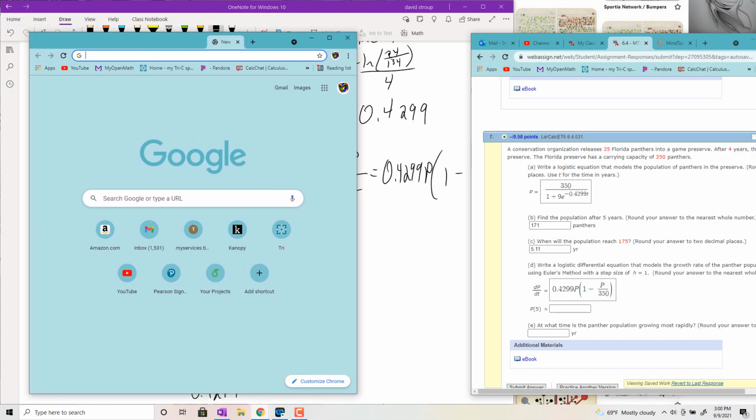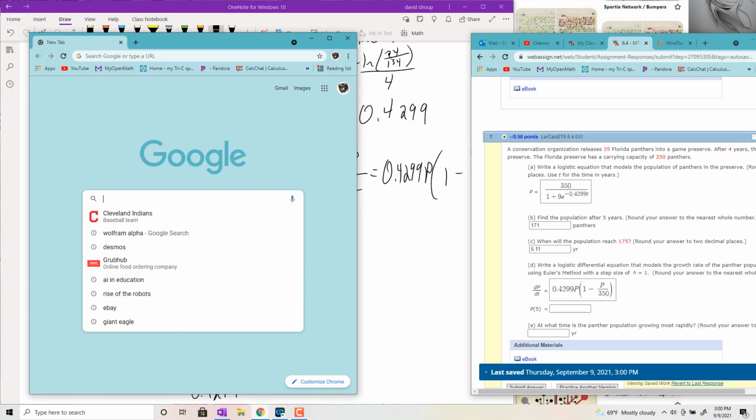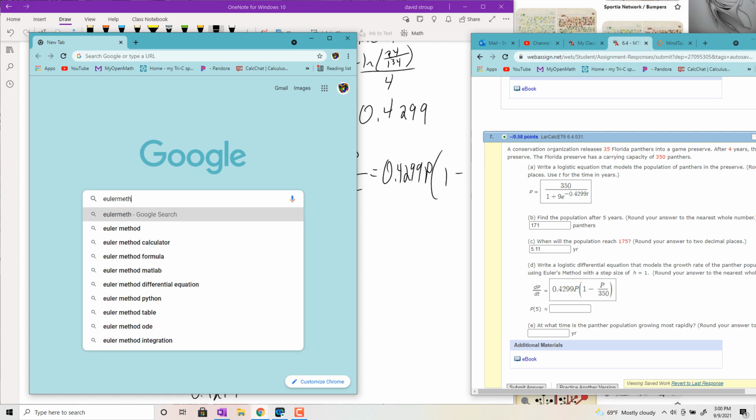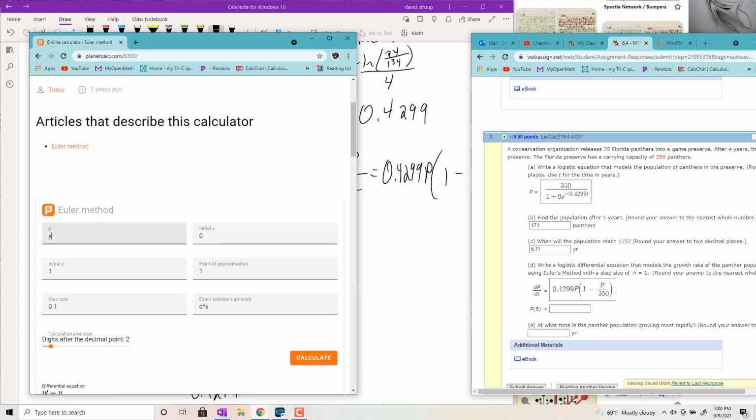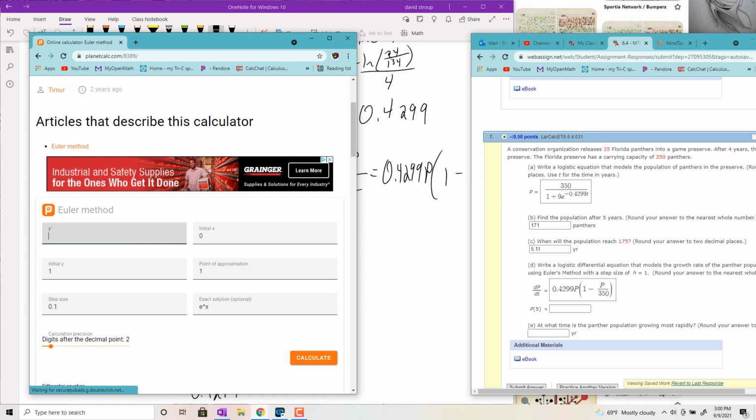I'm just going to go to my computer, my Euler method calculator, and I usually use the Planet Calc version. So y prime is this 0.4299p. Maybe we need to put in some multiplication symbols so the computer doesn't have a fit on us. And they want to use y, so we'll use y here: 1 minus y all over 350.